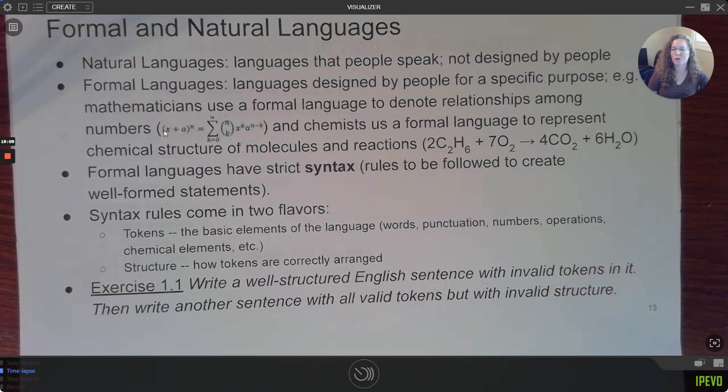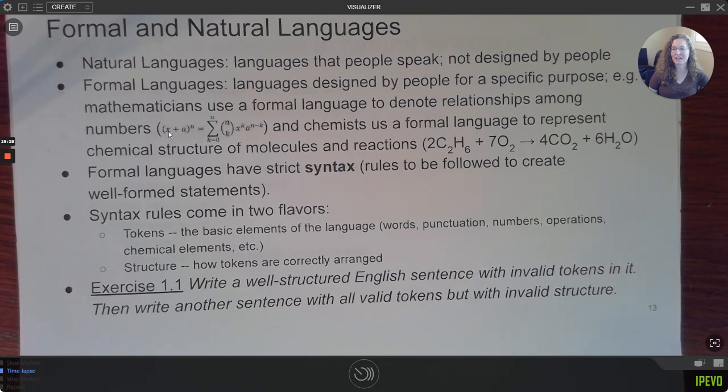So if you or a mathematician were to look at this statement here, it looks kind of like a bunch of crazy symbols, but a mathematician, and maybe even you, know what this means. You might say, oh, that's just the definition of the binomial theorem.